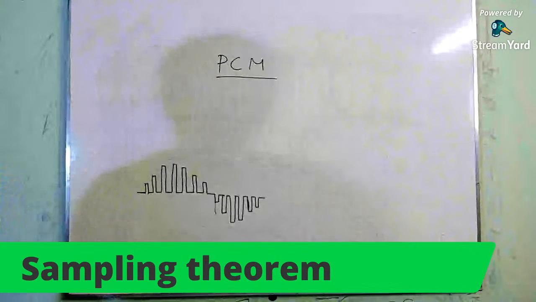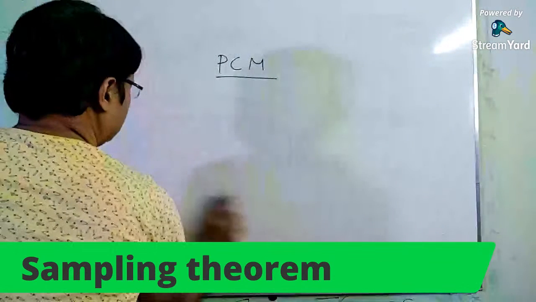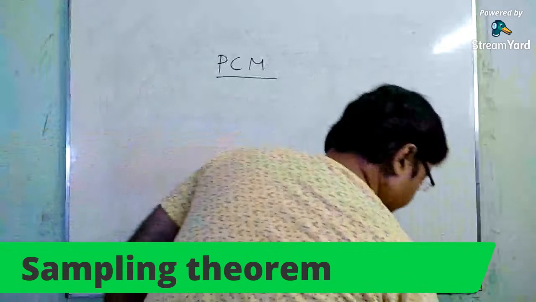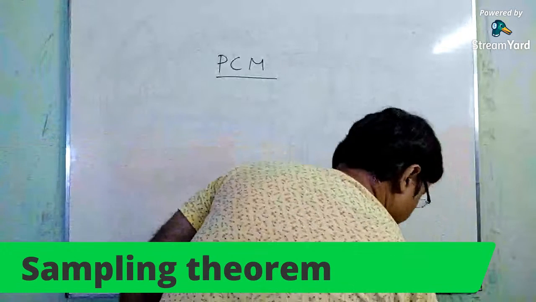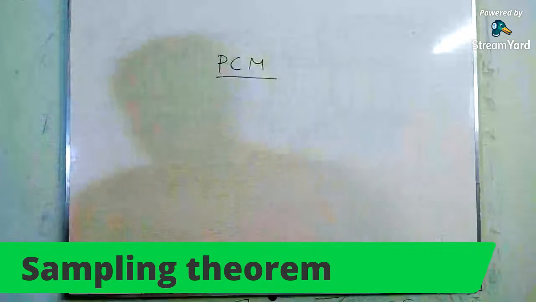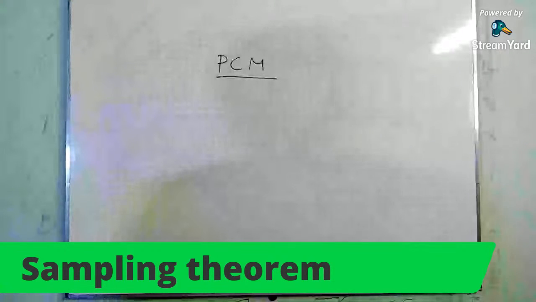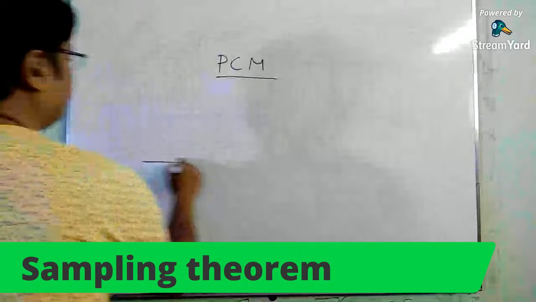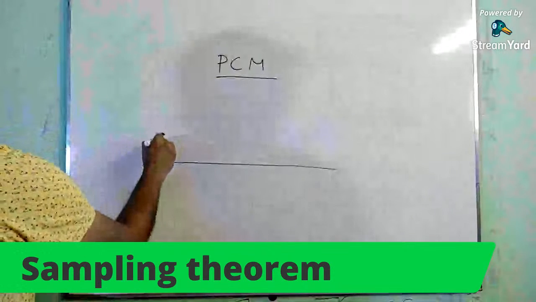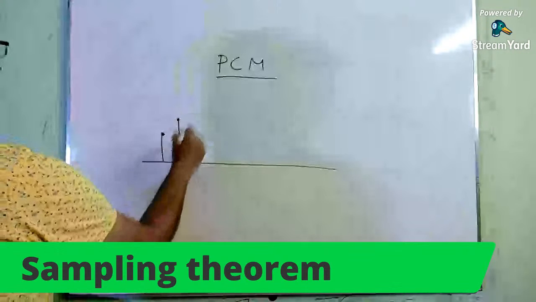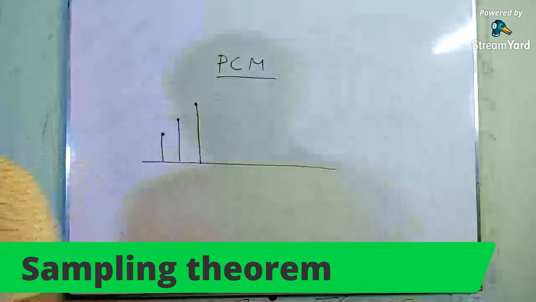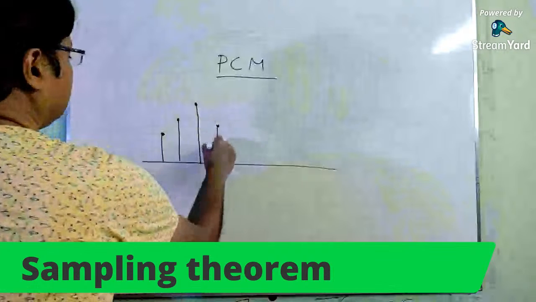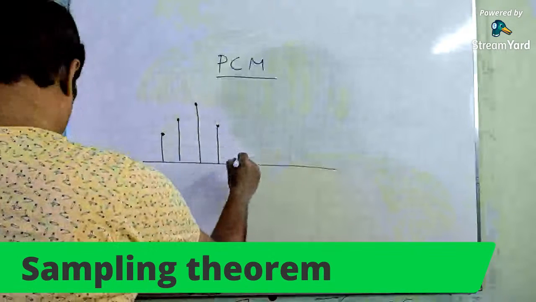Now this original analog signal, or I can draw a clear picture. So the first step of PCM, this is a value, then this one another, then this is another value, this one is another one.